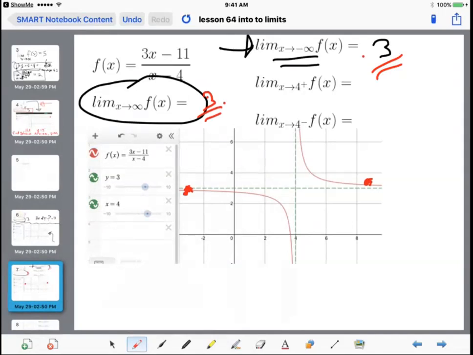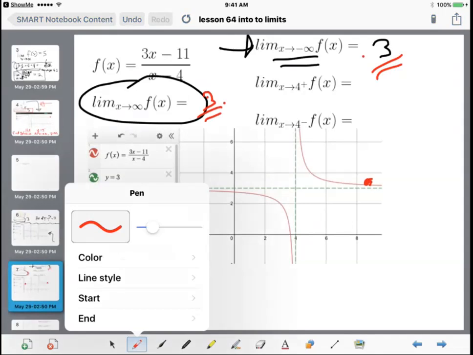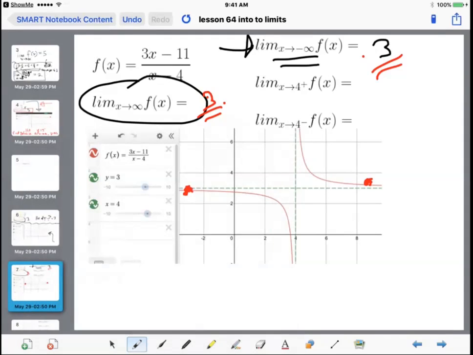Now, you could also ask a question like this: limit as x approaches 4. So you could be approaching a finite number. Now, you see this funny plus sign after the 4? It's strange. You've probably never seen a plus sign in that location before.